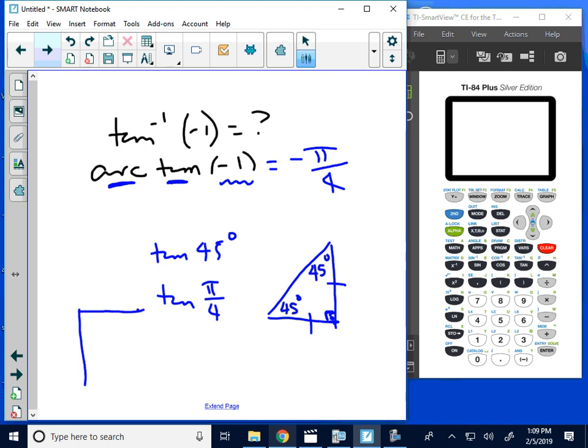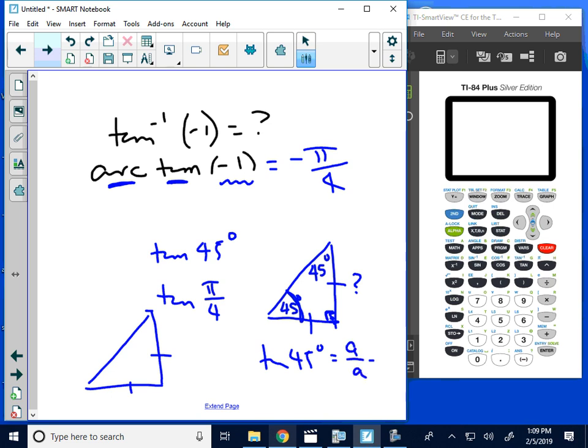So all the sides of a square are the same, cut it in half. These are obviously the same, okay? So if I pick the acute angle, 45 degrees, right down here, and the tangent of 45 degrees is opposite, whatever this is, divided by this, they're the same number. So it's A over A. The tangent of 45 degrees is 1. So if I need an arc that has a tangent of 1, that would be 45 degrees.